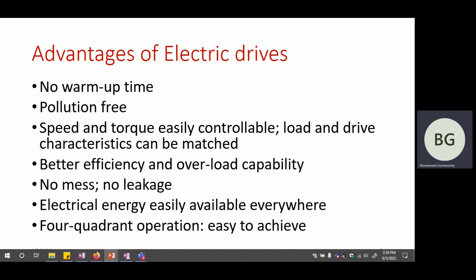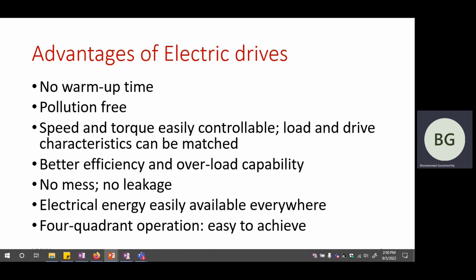Then water is converted into steam, and the steam becomes high pressure, high temperature, super saturated steam. And then it drives the turbine, and the turbine actually drives the generator, and the generator is able to really generate electricity. So all these things will take quite a number of hours before really the power station starts functioning. So the warm-up time in the case of a steam turbine kind of a system is almost 12 to 14 hours. Whereas in an electric drive, all you do is turn on the switch and it will start running. So there is no warm-up time involved in an electric drive.